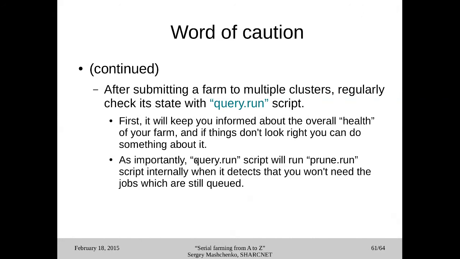But also very importantly, once the script figures out that those excessive overcommit jobs are no longer needed, they might be still queued, or maybe they're already running, it will prune those. So the jobs which are still queued and it detects that they're no longer needed, it will remove them from all the clusters they've been submitted to. So the pruning step is also important to make your scripts as Sharcnet friendly as possible.